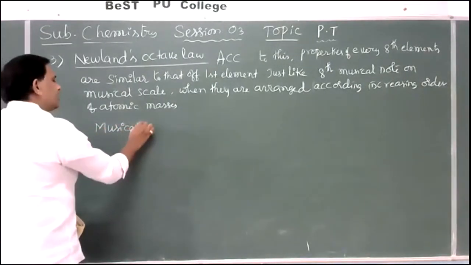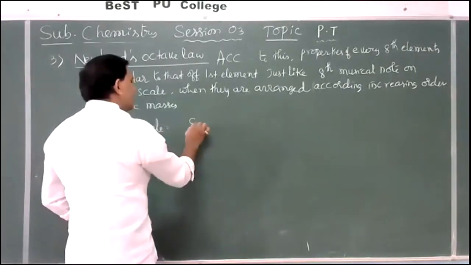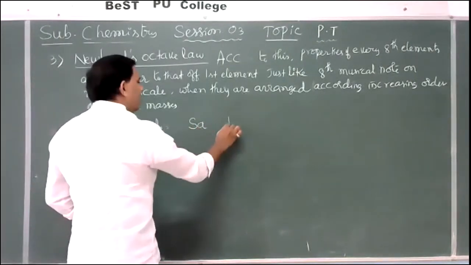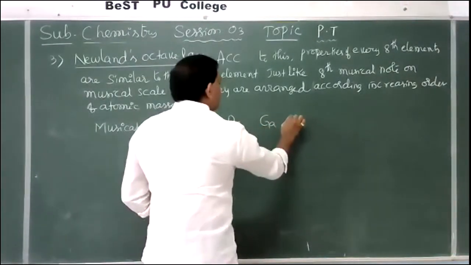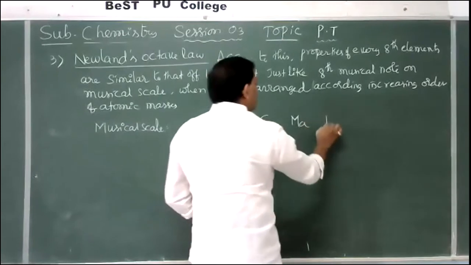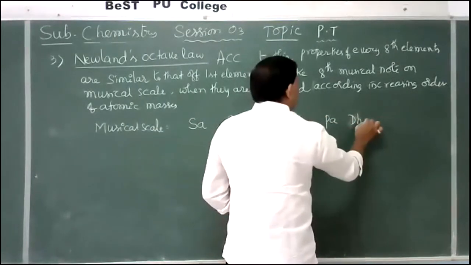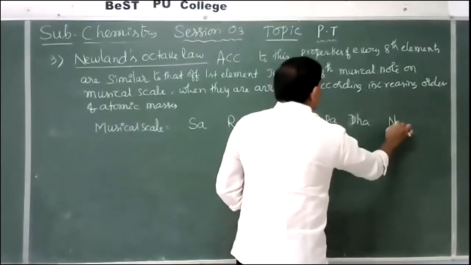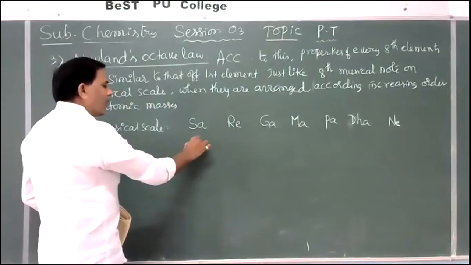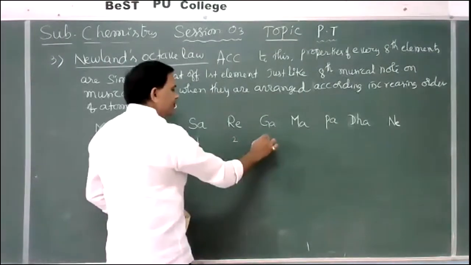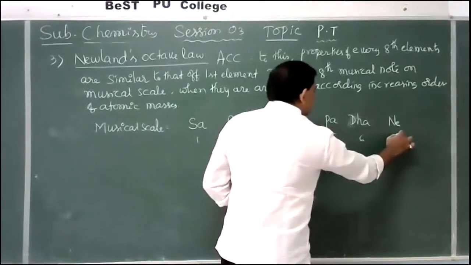Here, on the musical scale, there is sa, re, ga, ma, pa, dha, ni. This is 1, 2, 3, 4, 5, 6, 7.